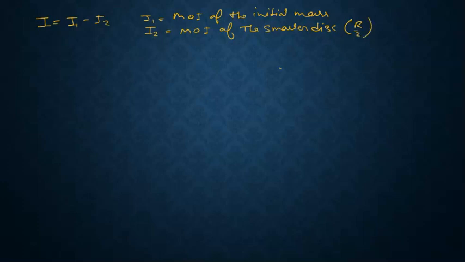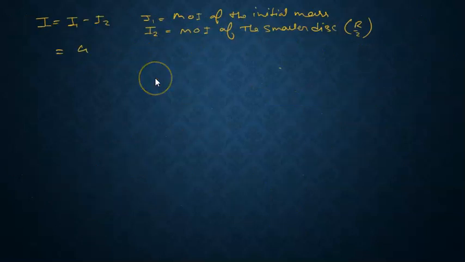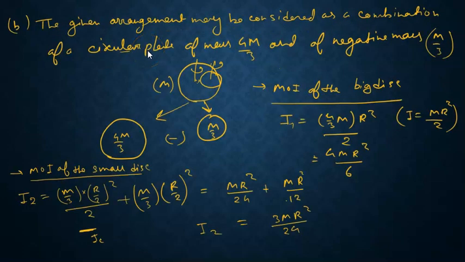I1 is 4 m r square by 6, minus I2, that is 3 m r square by 24.